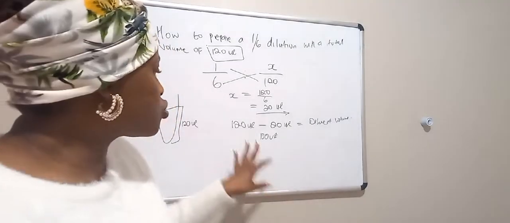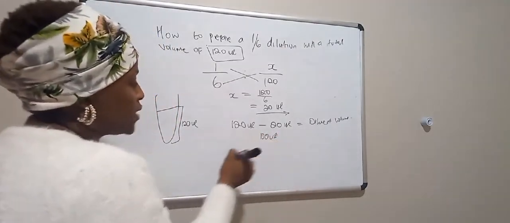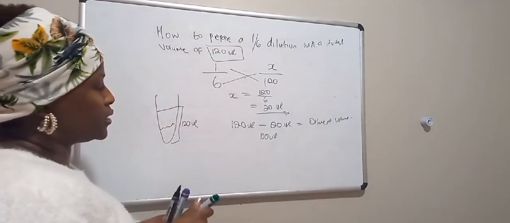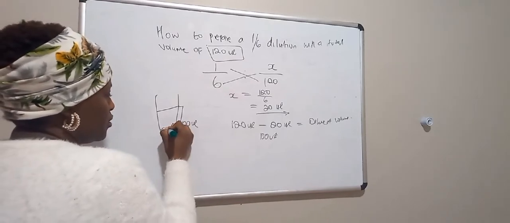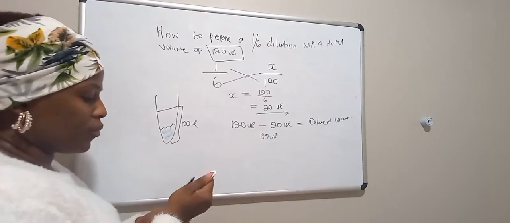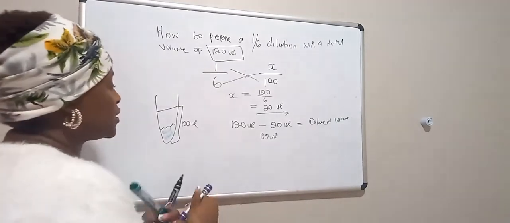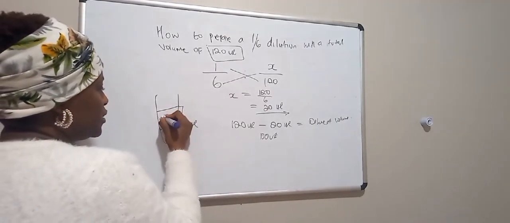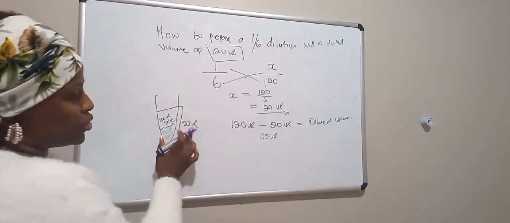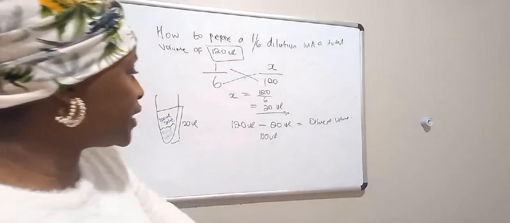So to prepare a 1 in 6 dilution, you're going to use 20 microliters of serum plus 100 microliters of saline, and like we said, together they give you the total of 120.